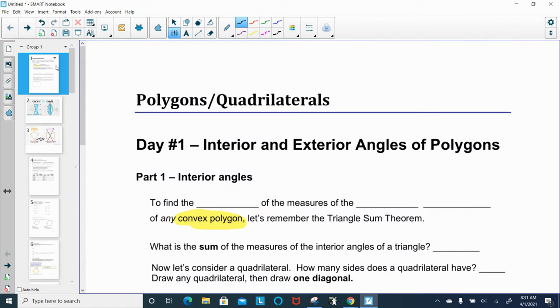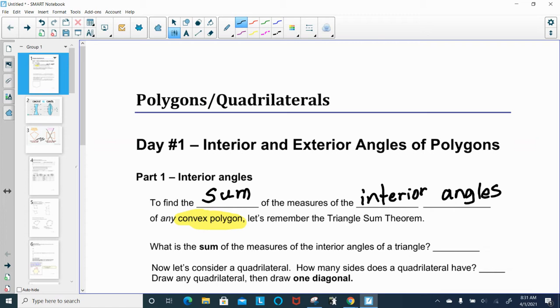Okay. So on page 1 of your packet, it says day number 1, interior and exterior angles. In this video, we're going to be talking about interior angles, part 1. So to find the sum of the measures of the interior angles of any convex polygon, let's remember the triangle sum theorem.